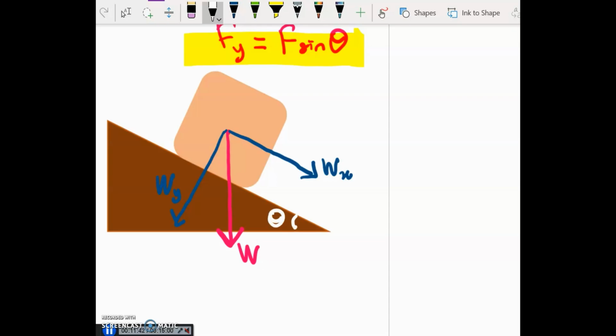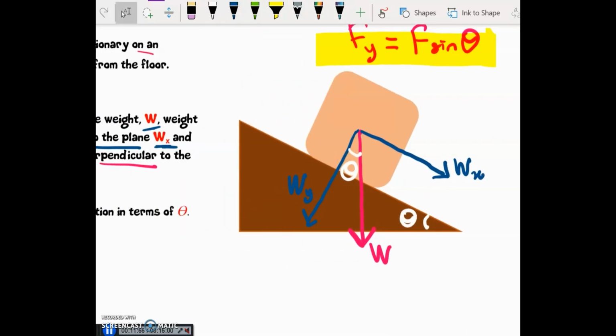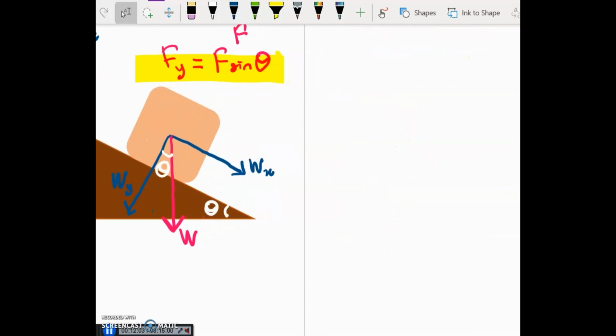Theta here is actually the same as the angle between W and Wy. Now you can form a triangle. I am going to form a triangle here. Let me transfer it to the right side so that you can see clearer.